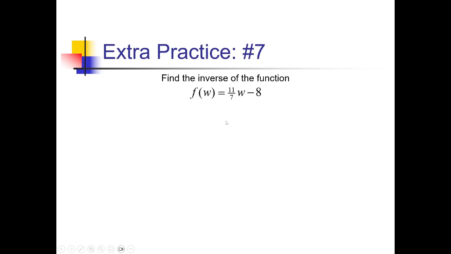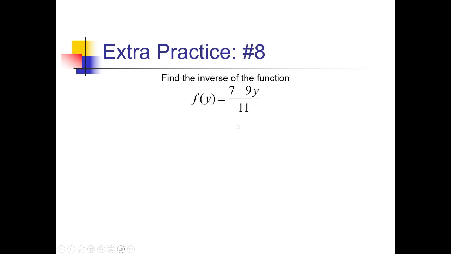Let's switch input and output. So w equals 11 over 7 y minus 8. And then if I add 8 and multiply by the reciprocal of 11 over 7, so 7 over 11 times w plus 8, that's what I can set f inverse of w equal to.